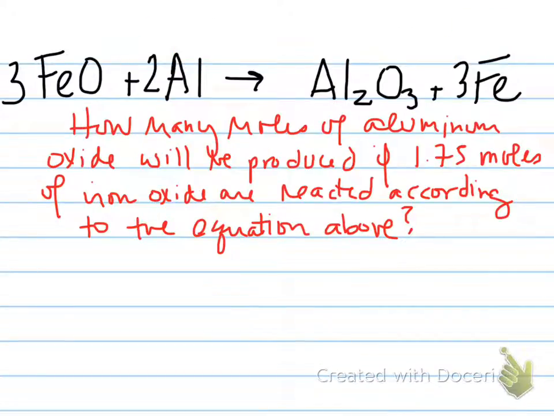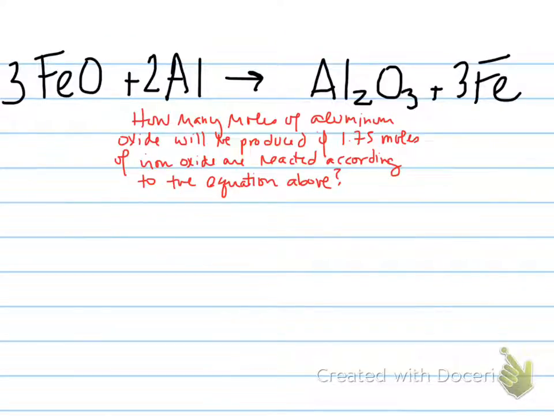How many moles of aluminum oxide will be produced if 1.75 moles of iron oxide are reacted according to the equation above? So in this case, aluminum oxide is kind of like a byproduct for this reaction. Nobody's interested in getting aluminum oxide out of this. That's not what you're going for. You're going for molten iron, because this is, remember, used basically to weld stuff or to burn pumpkins.